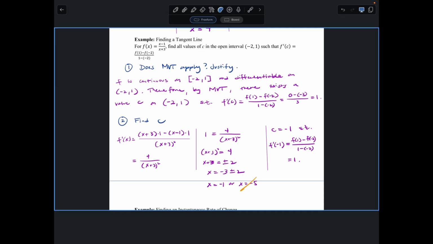Okay, let's see. Find the tangent line of this. Okay, zero. Minus negative 3. Over negative 1. So 0 plus 3. Okay, so what's 1 plus 3? There you go. So you got 1.